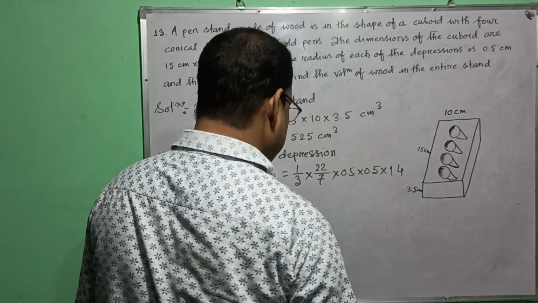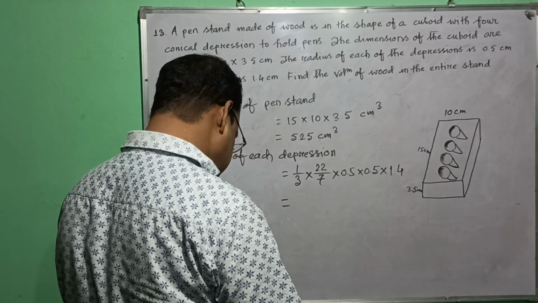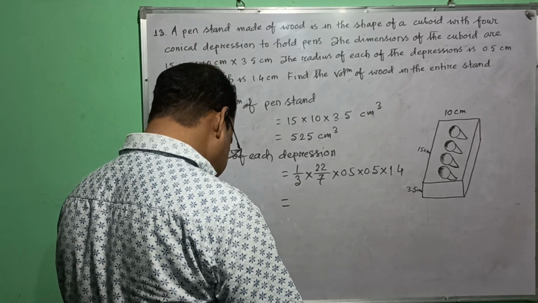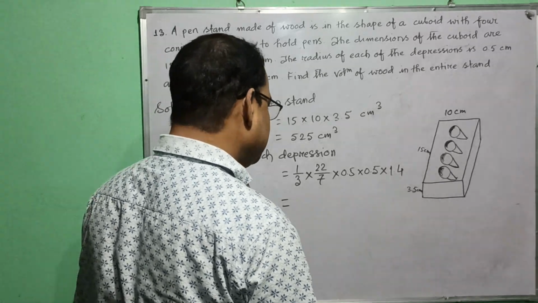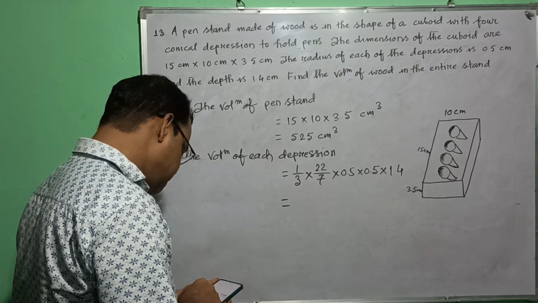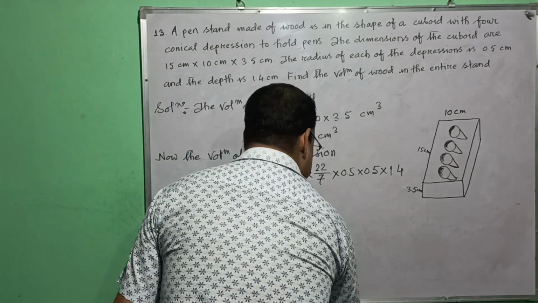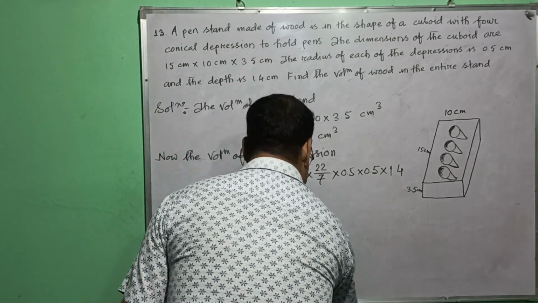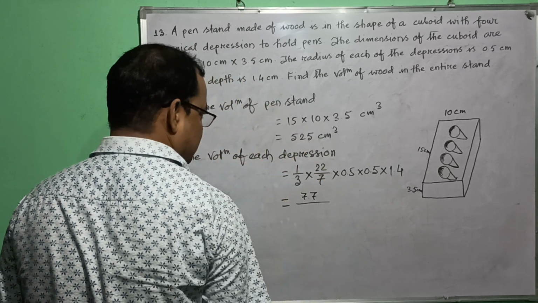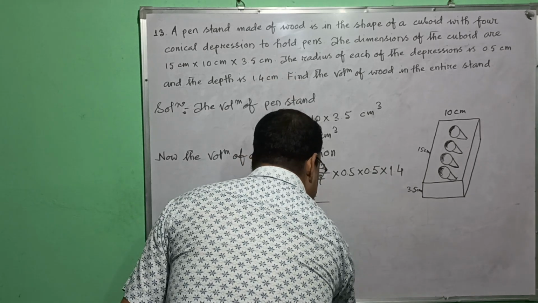It is 0.5 into 0.5 into 1.4 into 22 by 7.